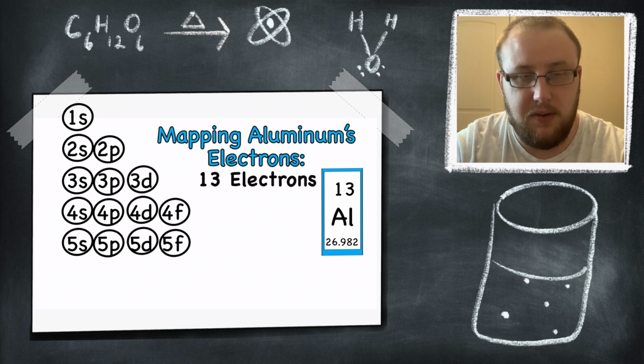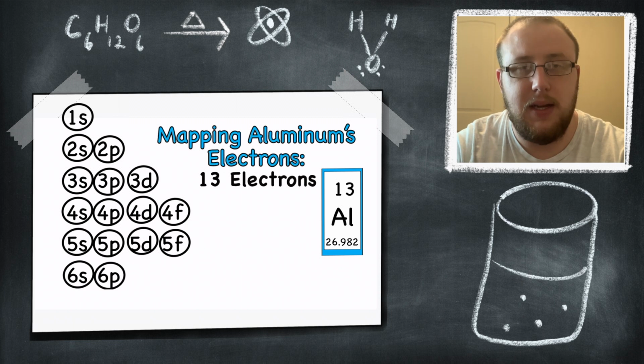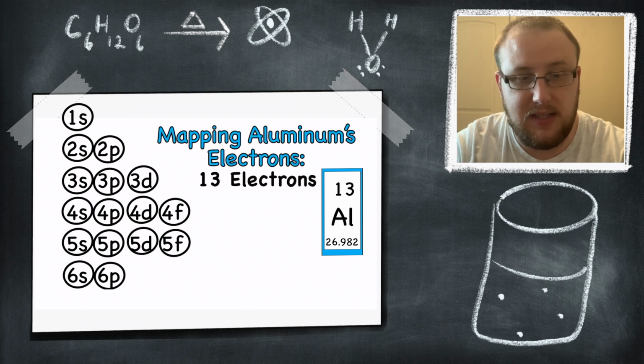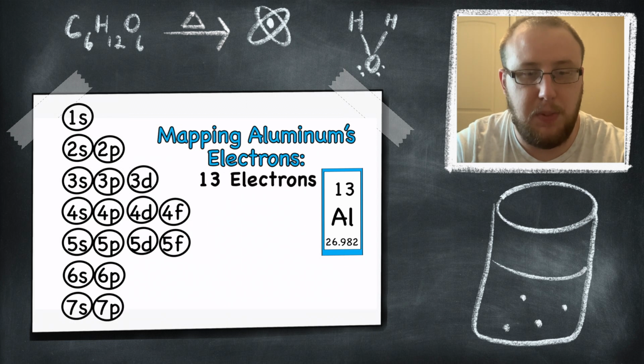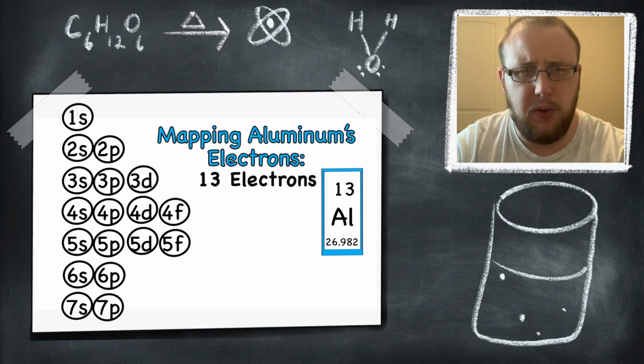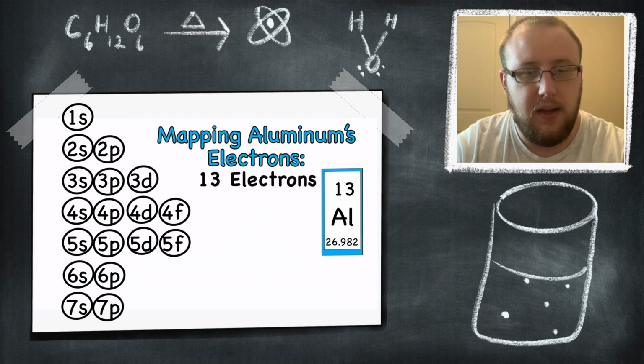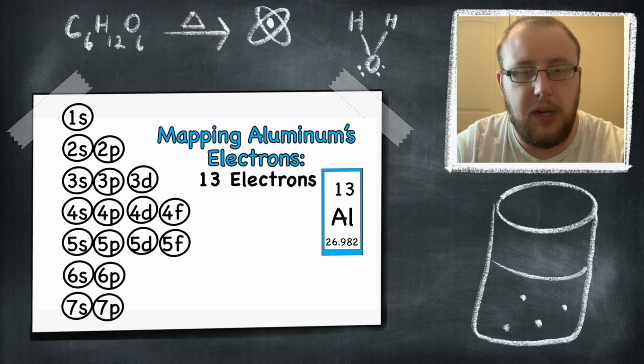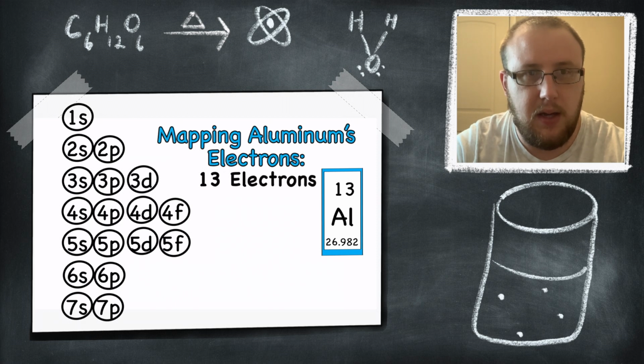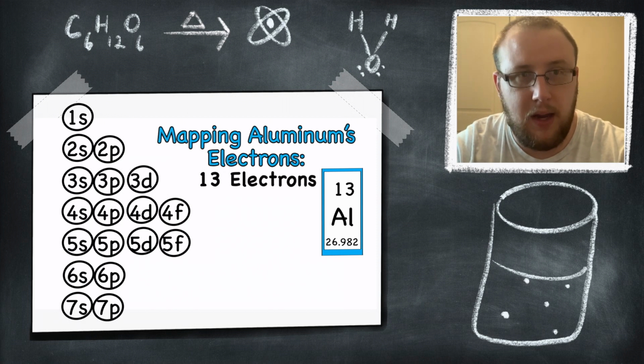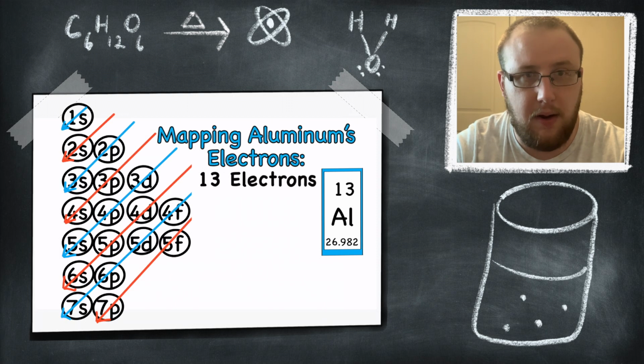And then the sixth one just goes 6s and 6p, and 7 goes 7s and 7p. Okay, so now that we have this really weird diagram written out, we can go through and assign our valence electrons. We are going to do this by following the arrows that are going to be drawn on now.